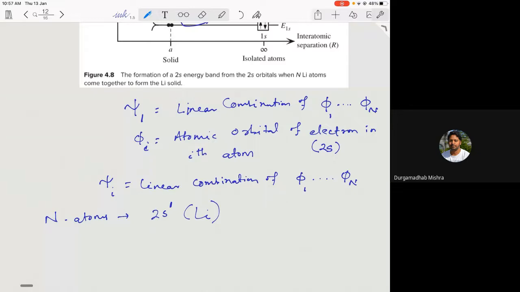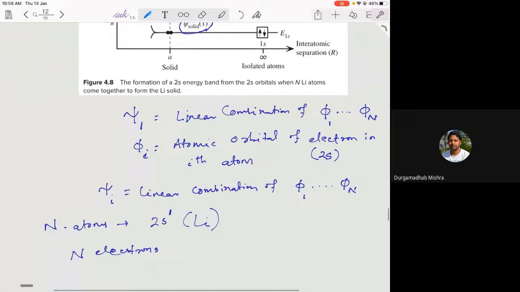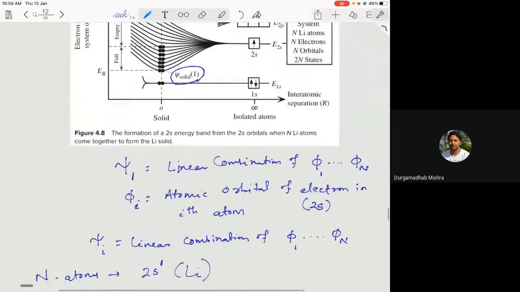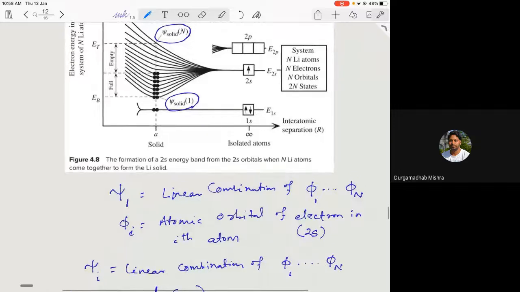Each atom is providing one electron, so there will be n electrons. What we were first trying to do is find out how many energy states we will have, and then according to that we fill it up with whatever electrons are available.